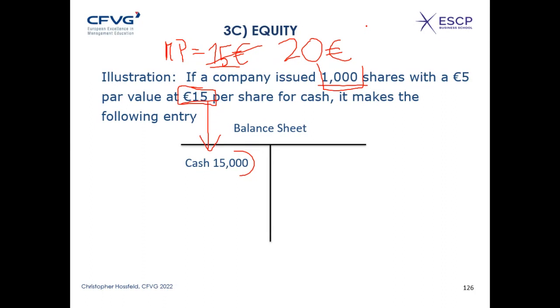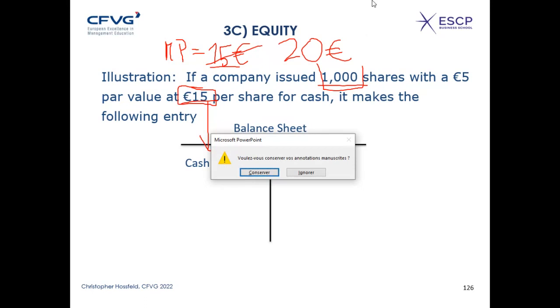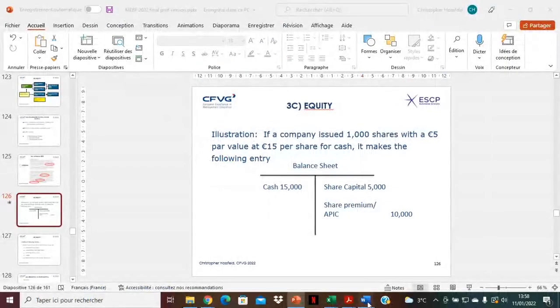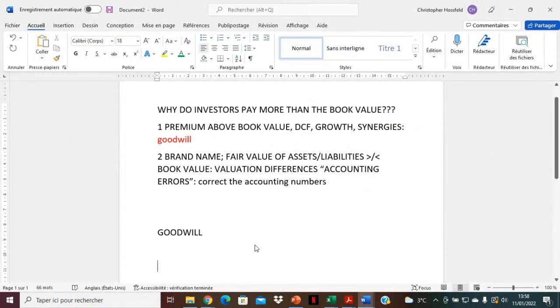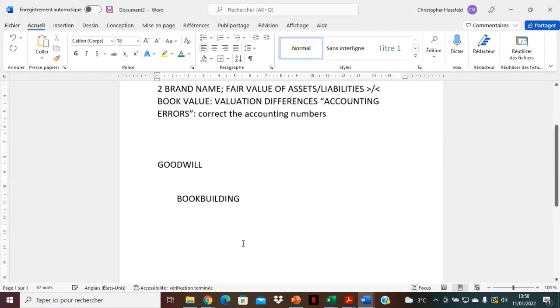Yeah? Usually what companies also do before is a procedure that is called book building. The book building procedure that I do when I issue new shares. And book building, actually, what does it mean? It means I will ask potential investors before issuing the shares.